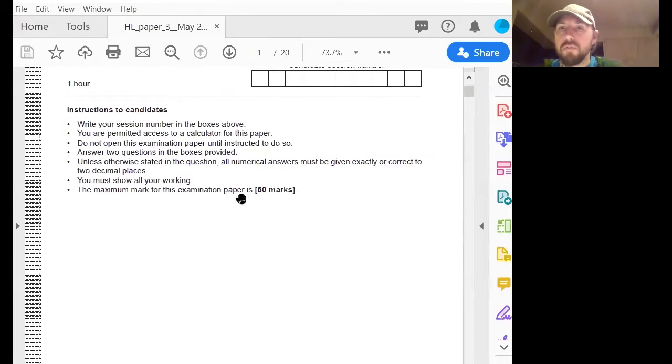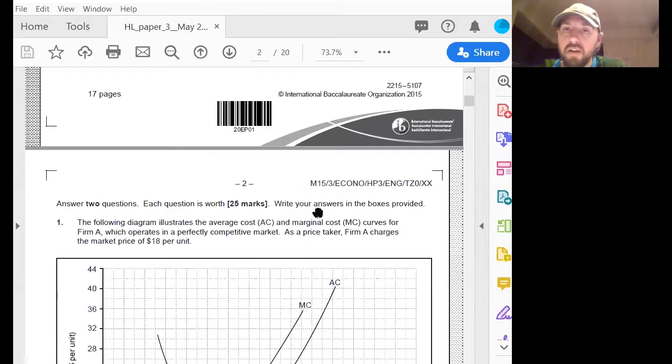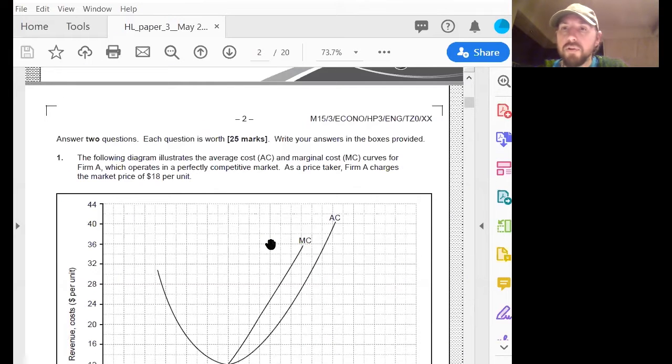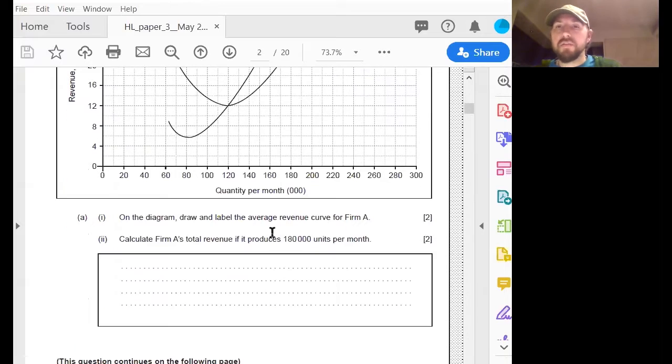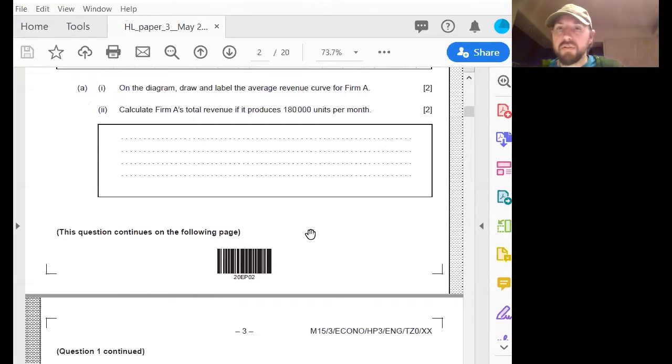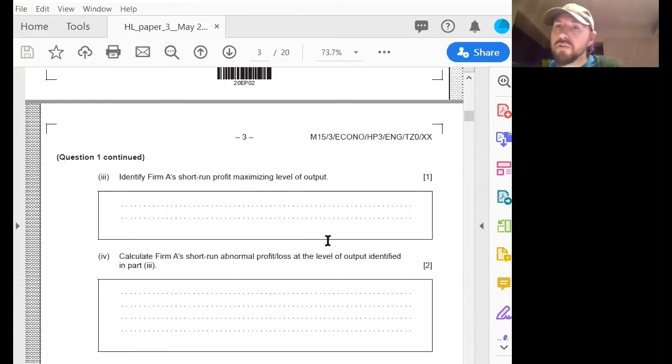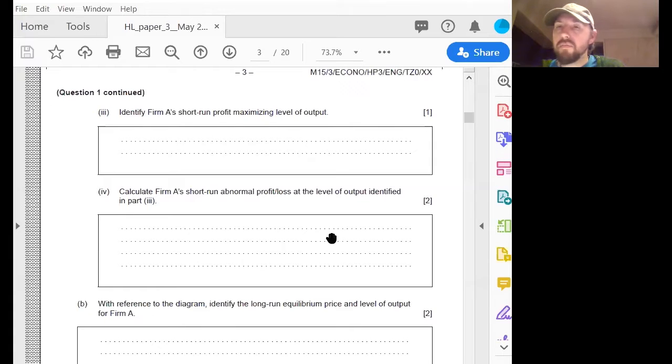So I'm going to scroll down here, and it says answer 2 questions, each worth 25 points. So this first question, average total cost, marginal costs. Here's a thing about perfect competition. As price takers, fine, calculate stuff, as you can see. Calculate short run profits. Notice it uses the words abnormal profit, abnormal loss.